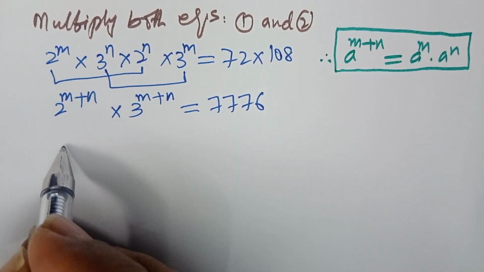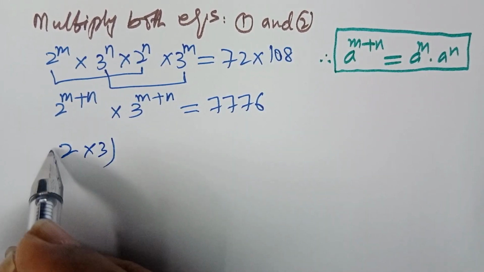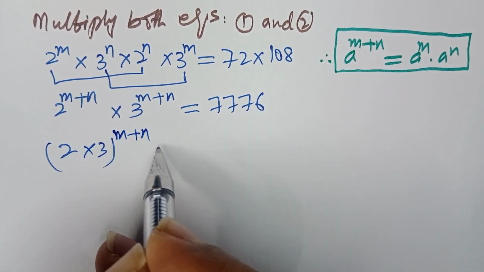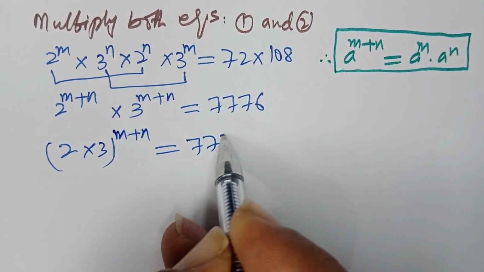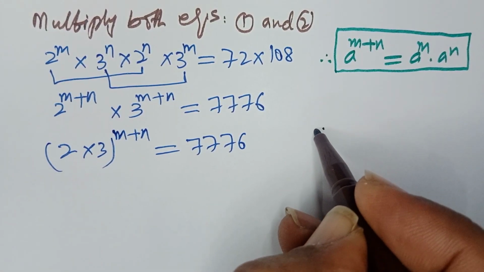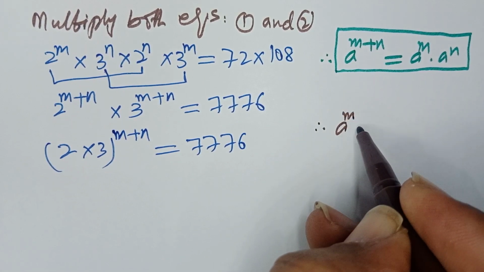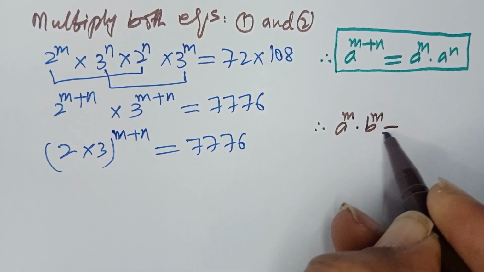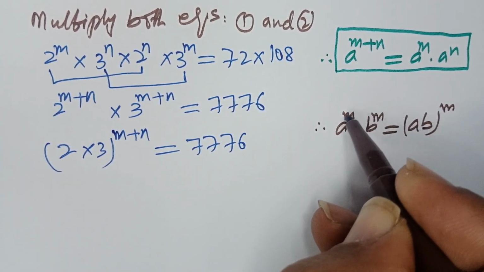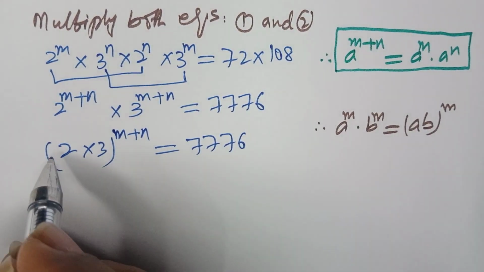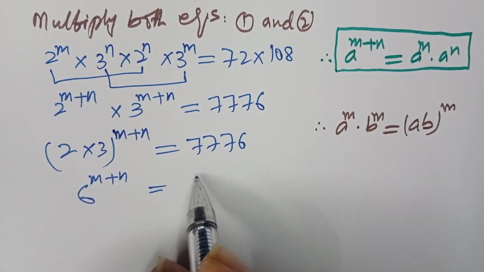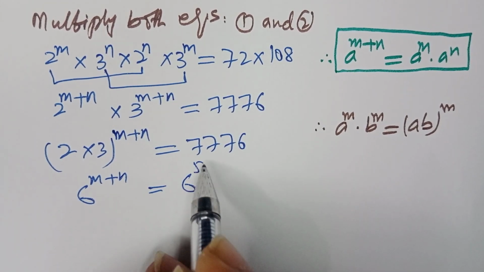Now it will be written as 2 into 3, the whole power m plus n is equal to 7776. It will be on the basis of the formula a power m dot b power m is equal to ab whole power m, because the powers are the same. Now 2 threes are 6, so m plus n is equal to, here will be 6 power 5.